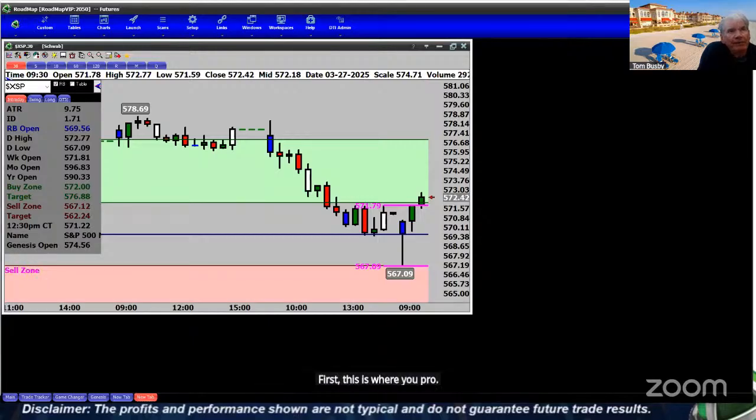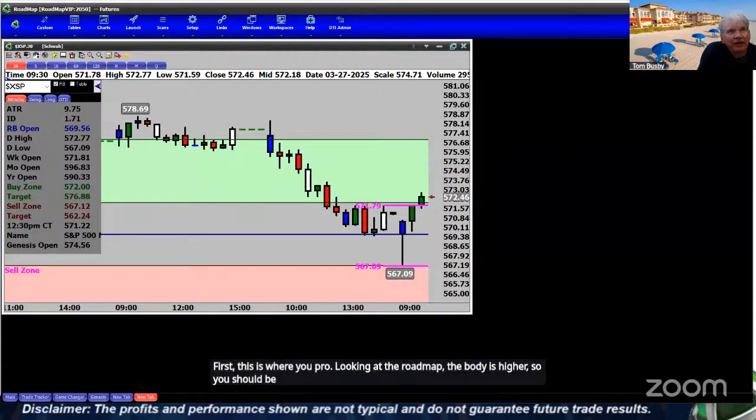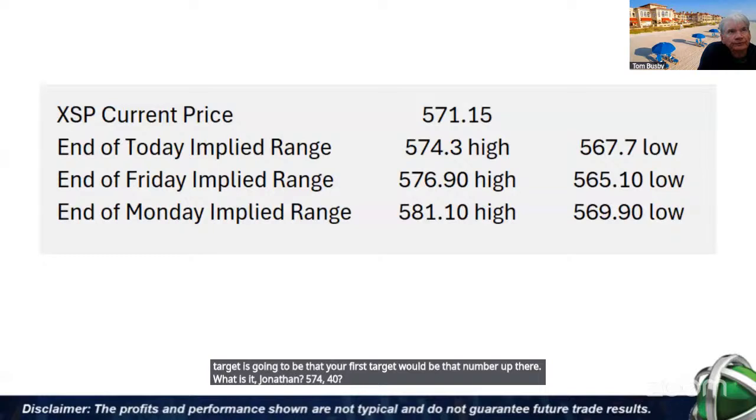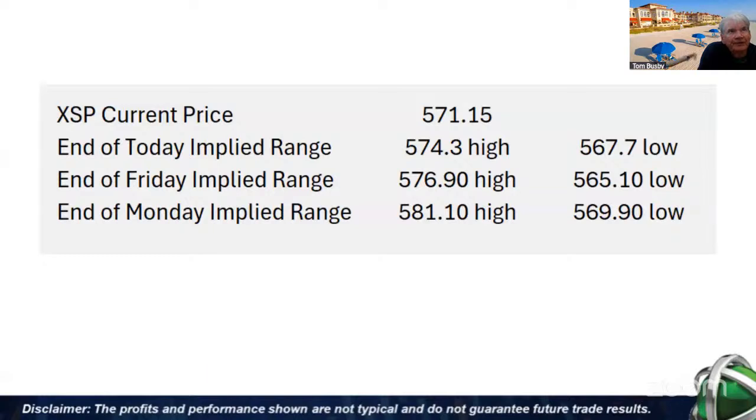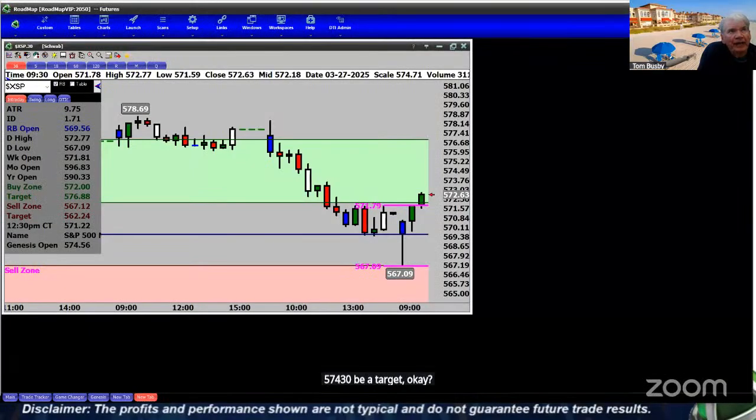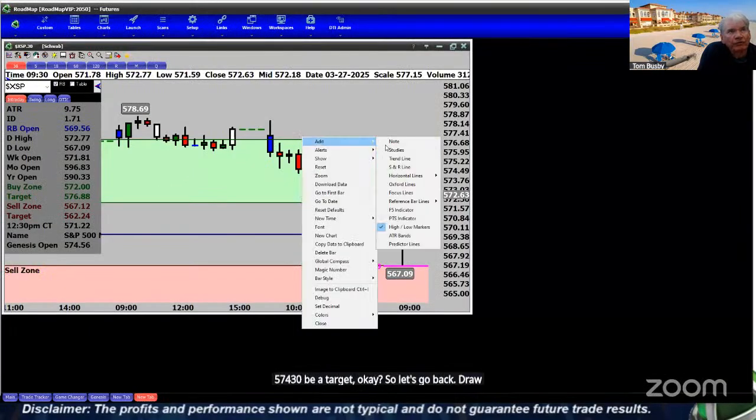Looking at the roadmap, the body is higher, so you should be long, and your first target would be that number up there. What is it, Jonathan? 574.40? 574.30 would be your target, okay? So let's go back. Draw a line at 574.30.